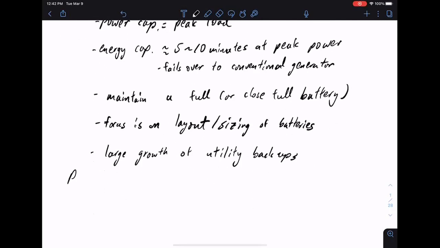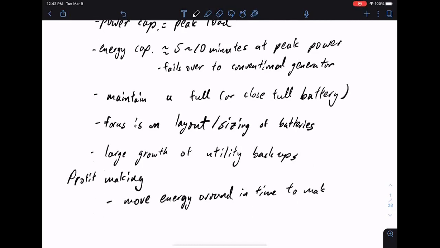Where we see more operational problems is profit making. This is basically moving energy around in time to make money.